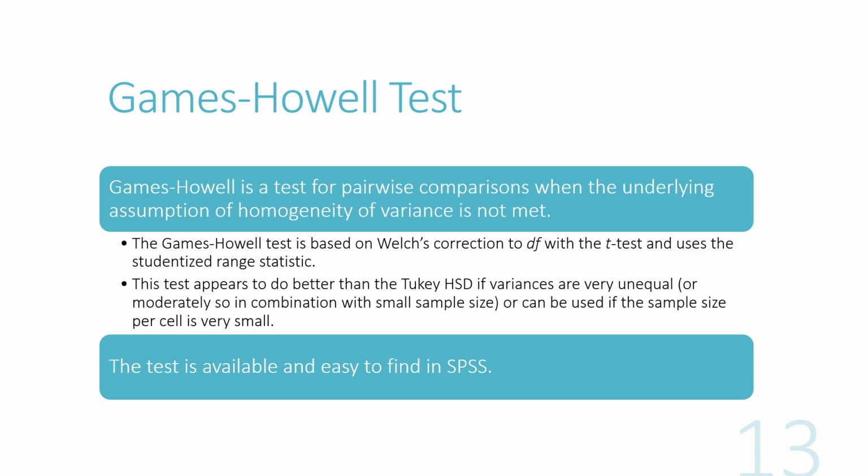This test performs better than the Tukey HSD if variances are very unequal or moderately unequal in combination with small sample sizes. It can also be used if the sample size per group is very small. However, this test is not used often because ANOVA itself is not appropriate if the homogeneity of variance assumption is violated.